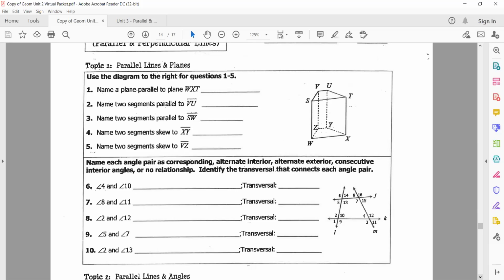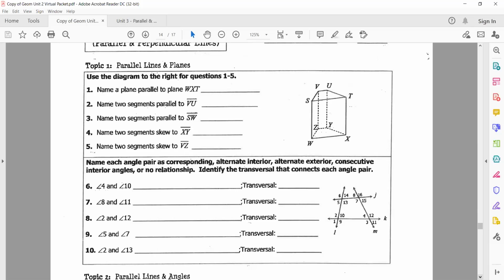What's the letter for that transversal that those 2 angles are on? Don't be bashful now. Somebody can look at this and tell me the answer. Put it in the chat if you don't want to speak up. Is it M? Yeah, absolutely.